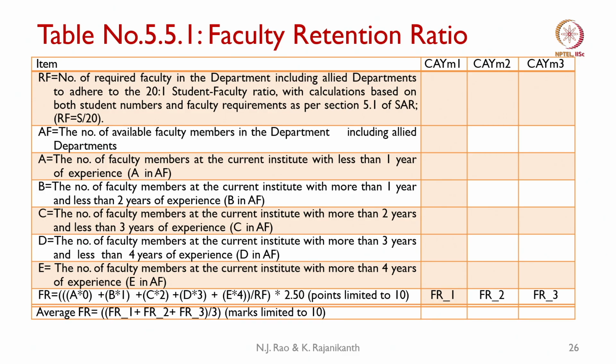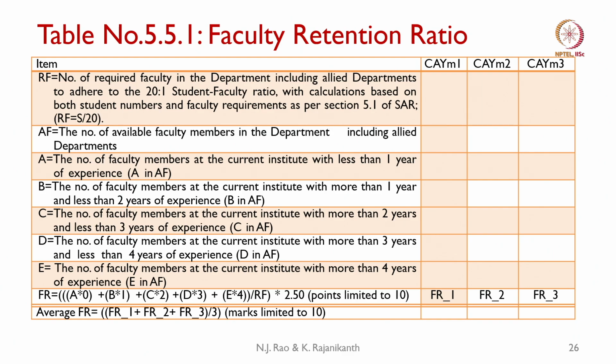Then what happens? B, C, D, E, they all are zeros, and all your faculty are less than 1 year experienced, they all are youngsters, then your A value is the only available faculty, which is equal to required faculty. The department has adequate faculty, but they are all young, with less than 1 year of experience. Then under faculty retention, the value becomes whatever is the A multiplied by 0, and the rest of them B, C, D, E are anyway 0, so you get 0 marks.